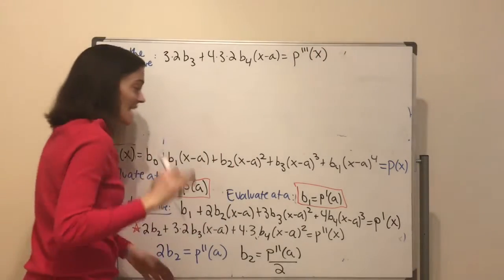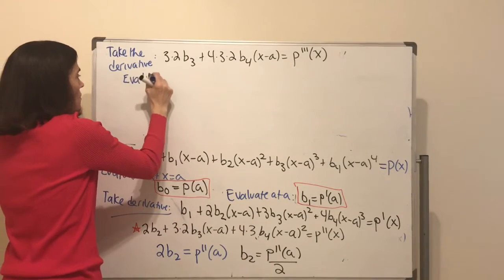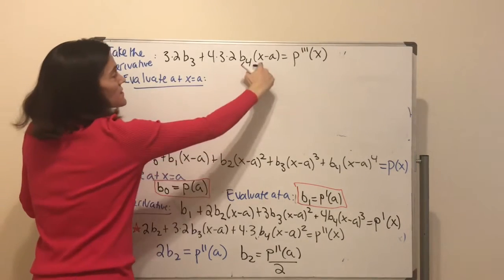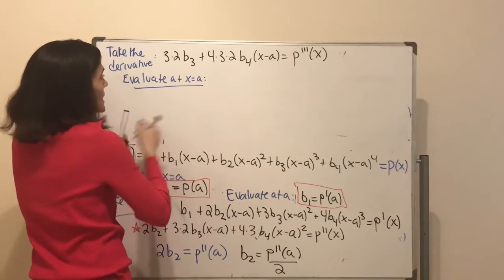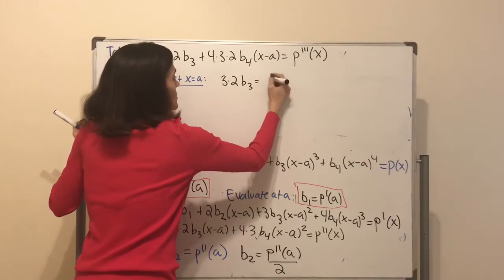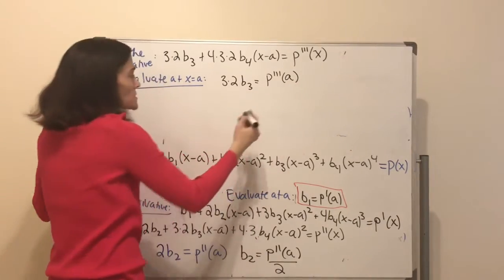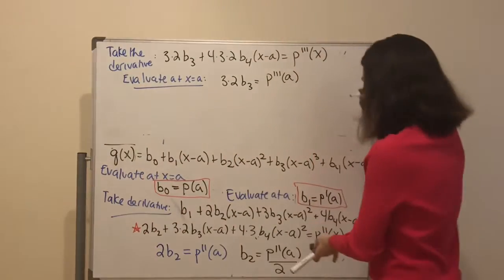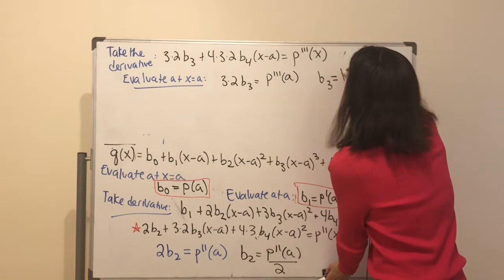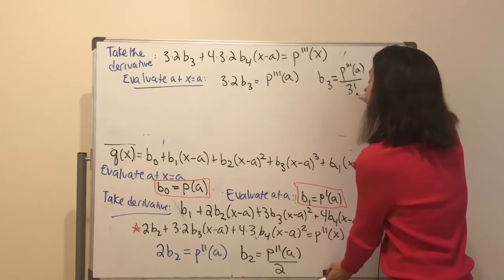Evaluate at A. This term now vanishes. So we get 3 times 2 times B3 is the third derivative at A. And now solving here, we get B3 equals the third derivative at A over 3 factorial.